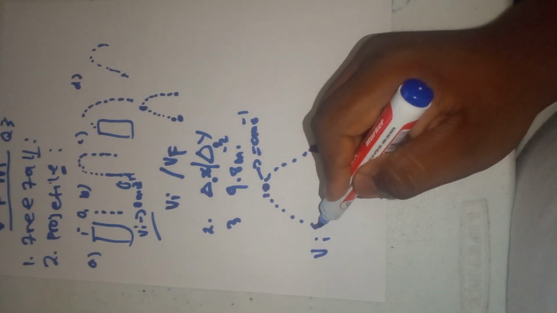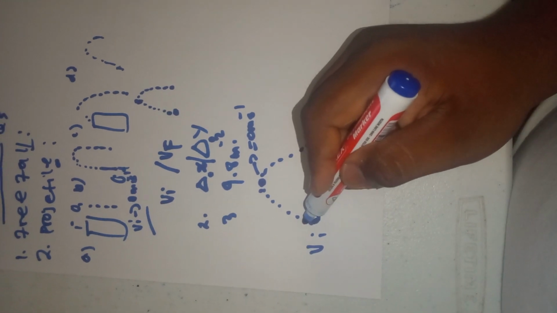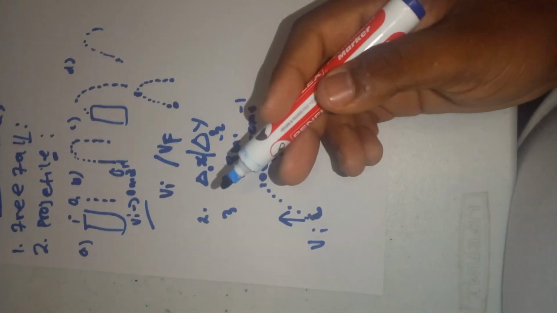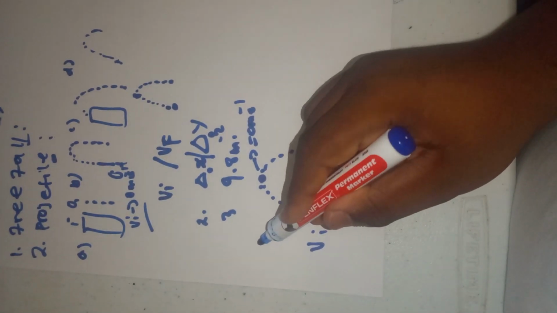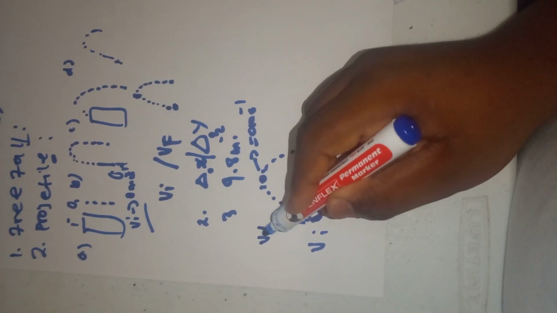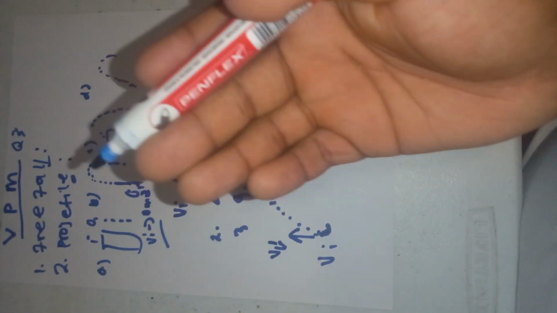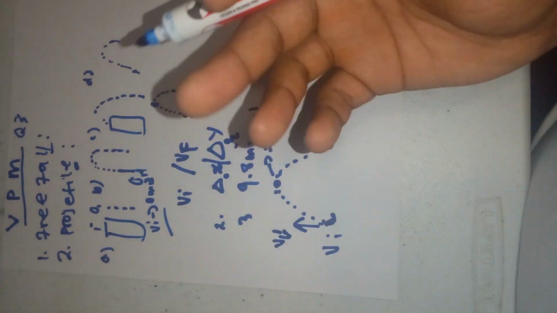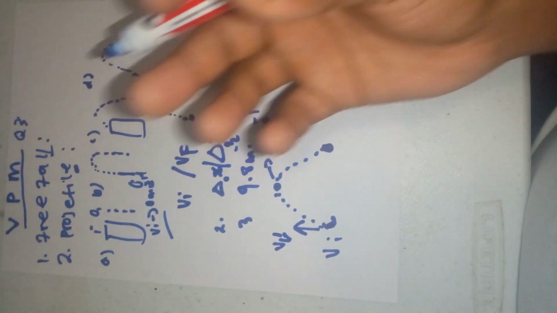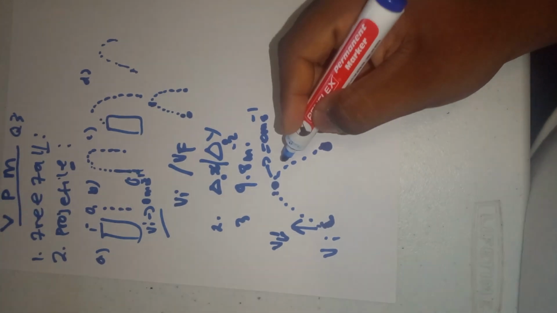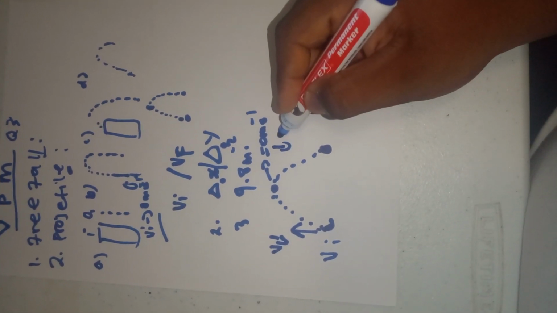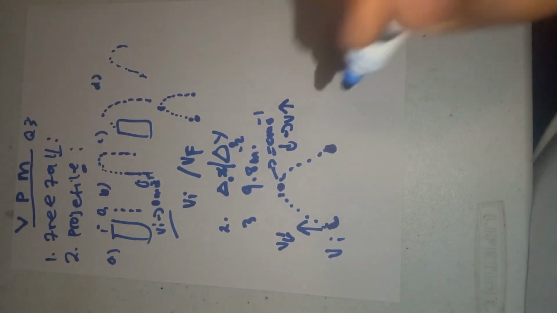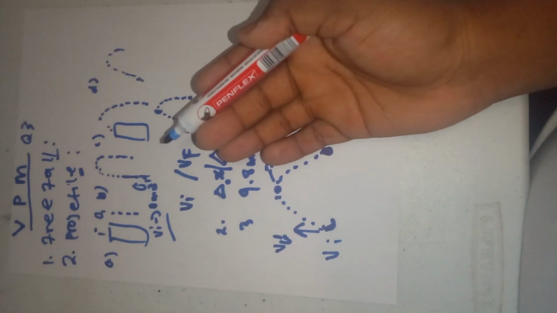As the ball is going upwards, it loses its speed, so the velocity decreases. When it is coming back downwards, that is when the velocity increases, now coming down at a faster rate.